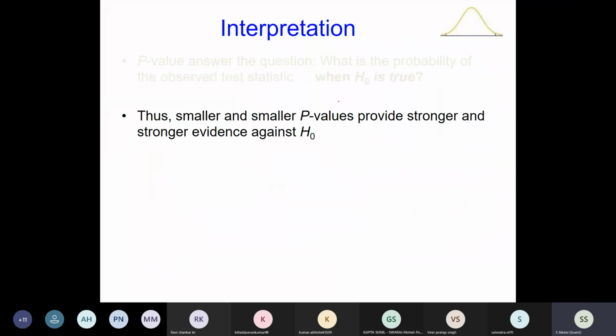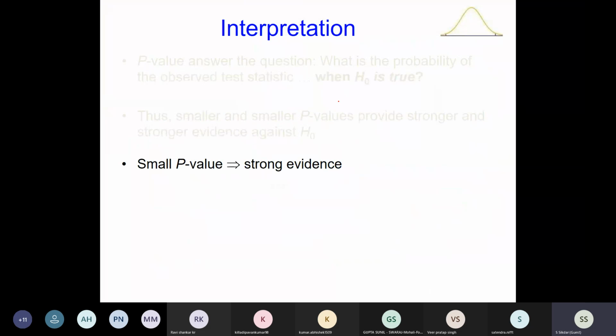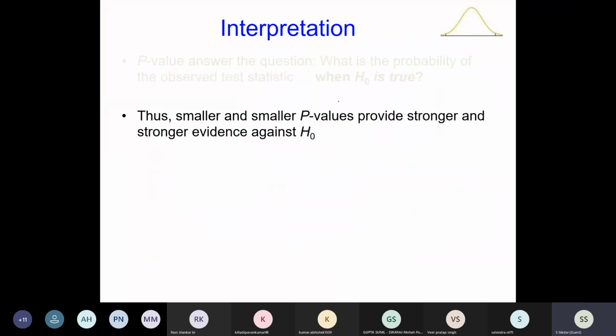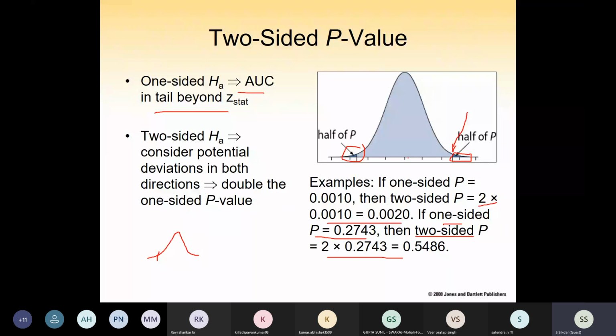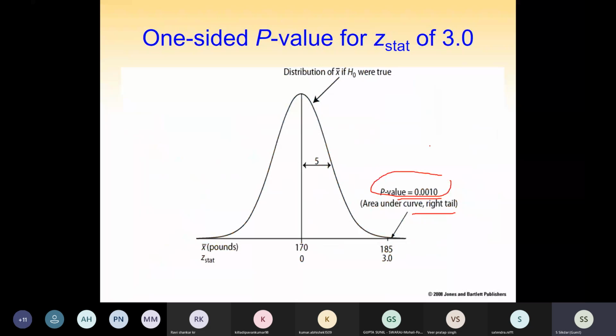Small p-value means strong evidence. So you can also see that if this is a smaller value, your distribution is going to be like this totally.